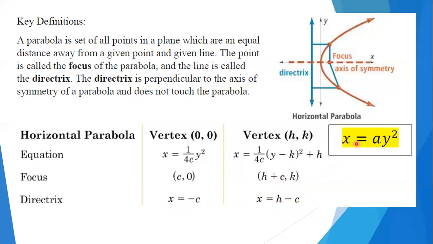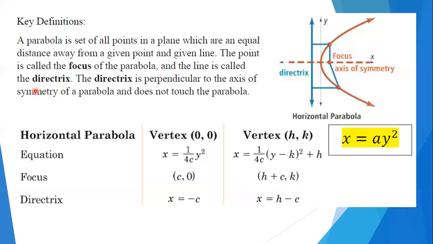Now, horizontal parabola, its standard form is x equals a y squared. And we know that a for parabolas is 1 over 4c. Same thing from yesterday, right? The only difference again is that x and y and h and k have switched roles.